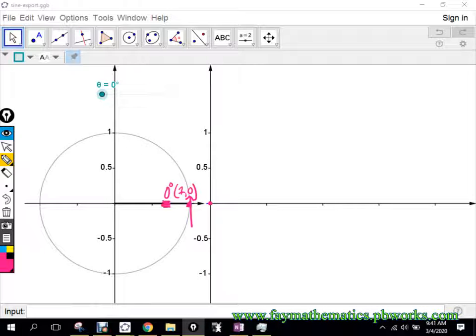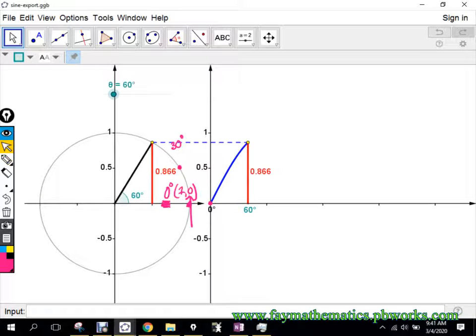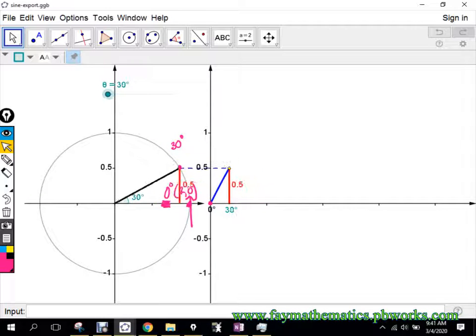Another angle that we're comfortable with is 30 degrees. So if I go 30 degrees, what is the coordinate for 30 degrees?